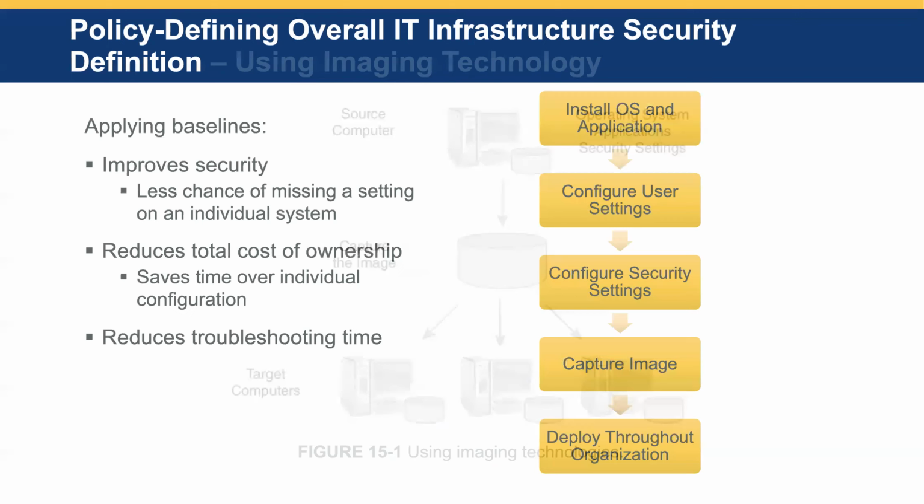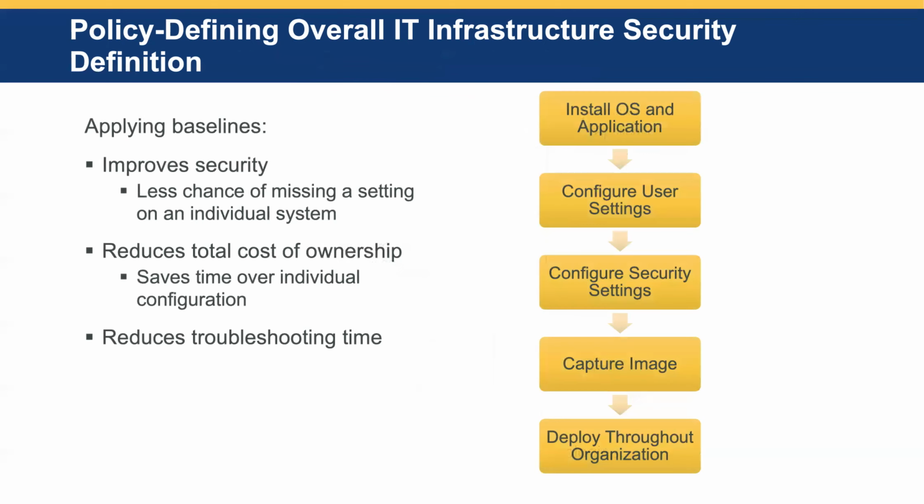The overall approach for a policy defining IT infrastructure security is that we'll apply our baselines. This will improve security, which means that we're going to have less chance of missing a setting on an individual system. It will also reduce the total cost of ownership. In turn, this will save time for individual configuration, as well as reduce troubleshooting time.